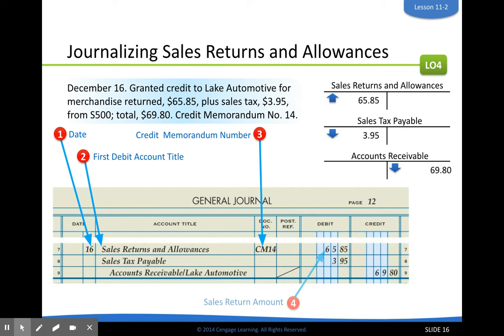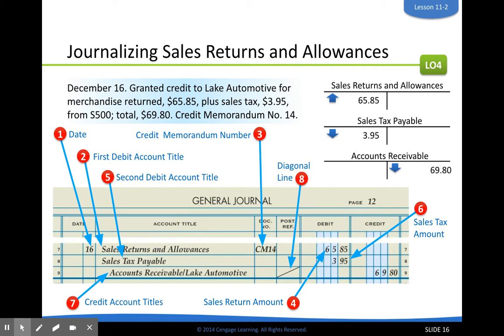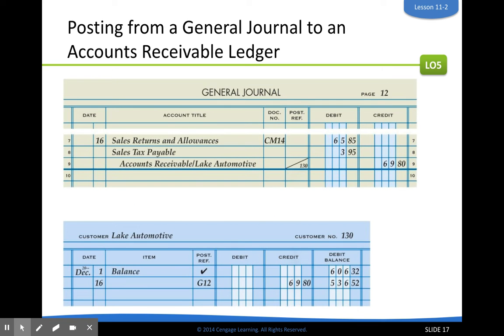Credit memorandum number 14. And then we're also debiting sales tax payable to decrease that liability. And then finally, we want to make sure that we credit accounts receivable. We want to include that diagonal line because we're going to have 2 accounts that we need to post for the total of the merchandise return plus the sales tax.